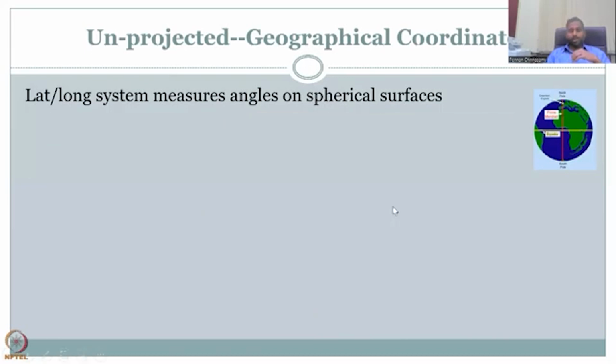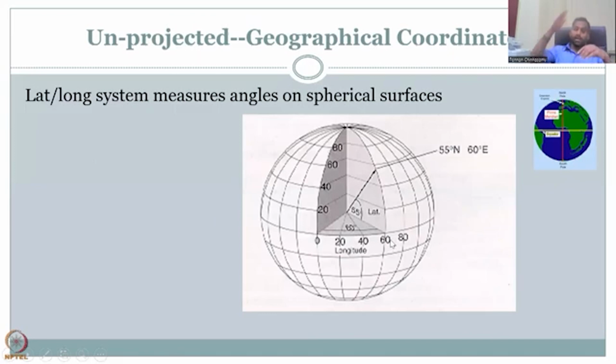So what we have here is, this is a globe which has been dissected into grids. And these grids are what give rise to the coordinate system, the type of grids and what is the degree between them.